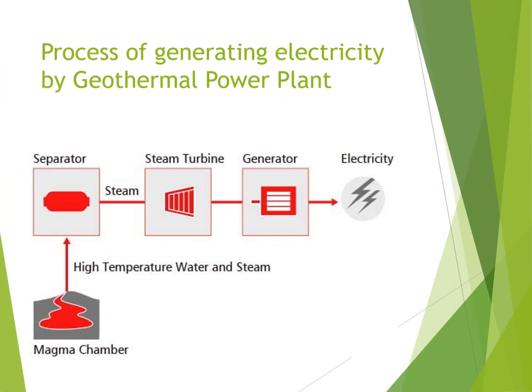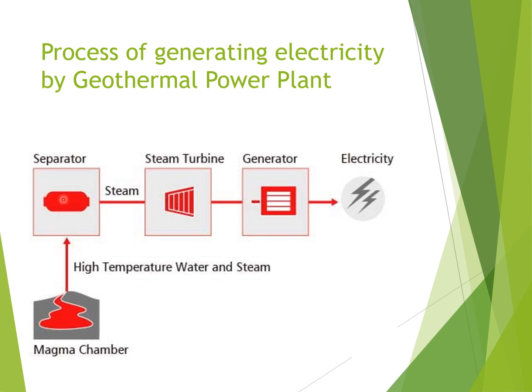So let us take a look at the process of a geothermal power plant, how we actually generate electricity with the help of geothermal energy. In this magma chamber, heat is produced due to radioactive decay, and with the help of this heat, the water in the reservoir gets heated up and becomes vapor, which gets collected in the separator.